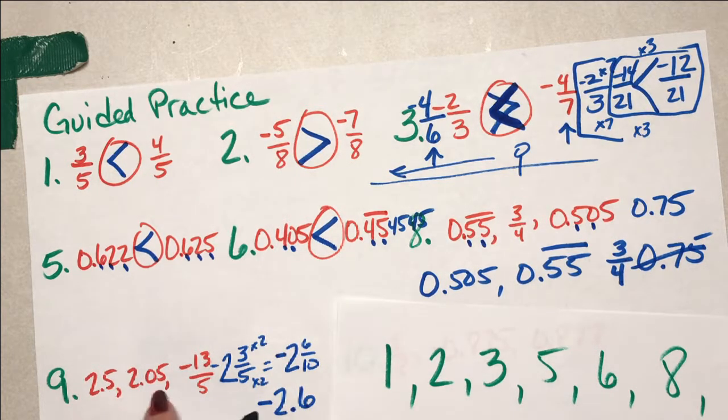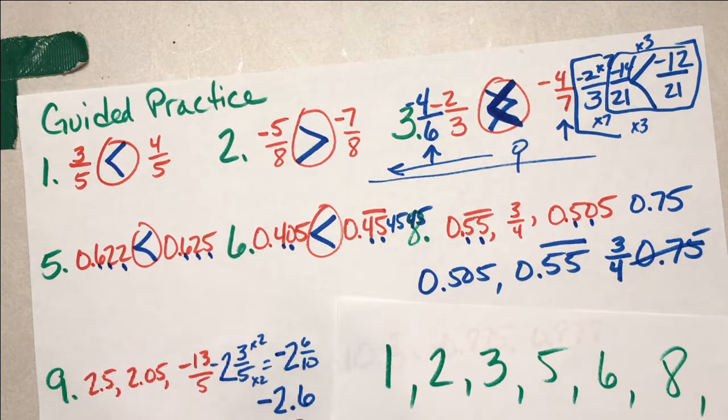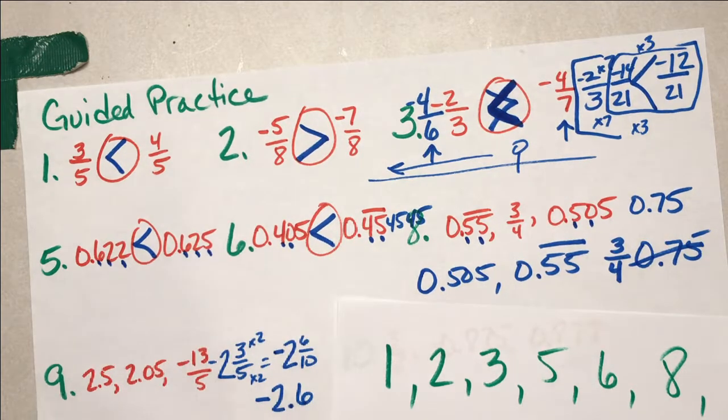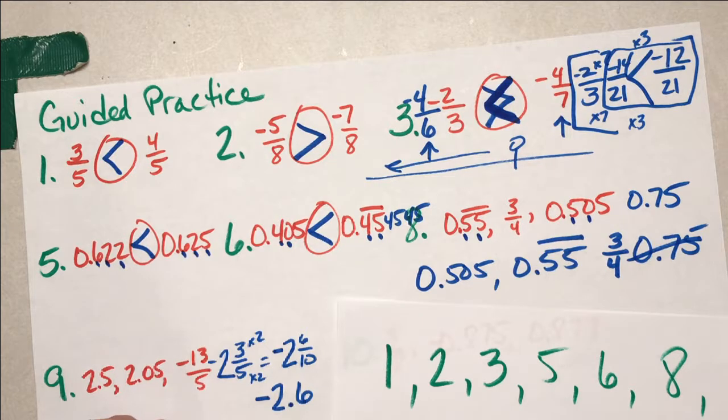So I have 2.5 and 2.05 and -2.6. That negative number is smallest. I'm going to put it over here, but I'm going to put it so that it looks like an answer. But I know that it's smallest because it's the only negative one.